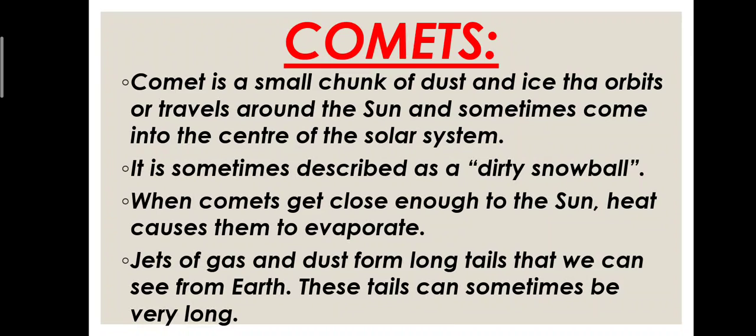When comets get close enough to the sun, the heat of the sun can cause them to evaporate. Jets of gas and dust form long tails that we can see from Earth.